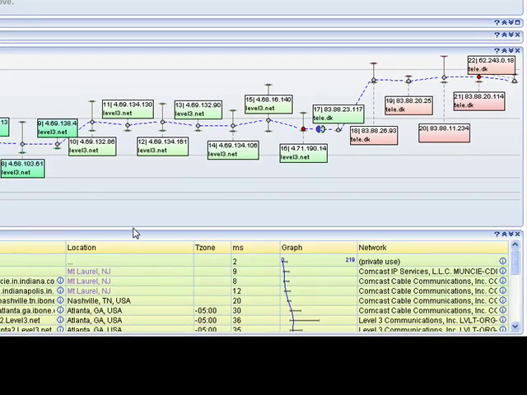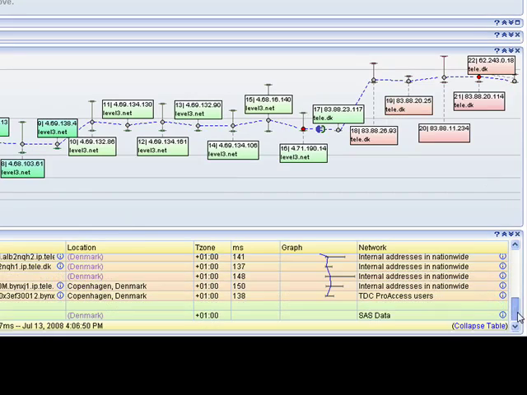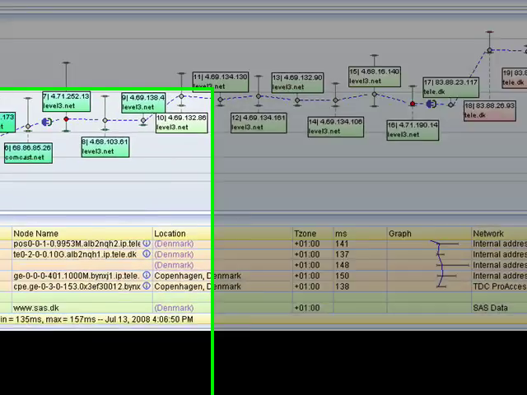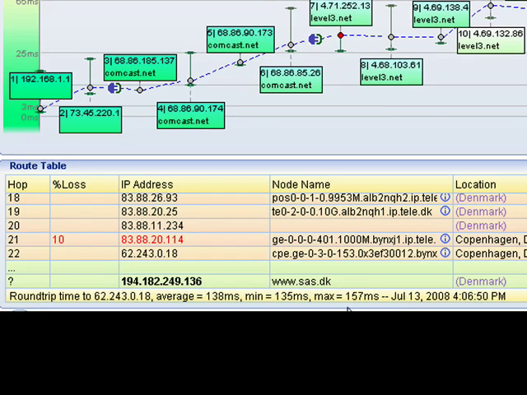And although it didn't come in any kind of straight route from my computer to Denmark, it certainly did get there rather rapidly. And if you look here, you will see that the average time it took was 138 milliseconds, and the most it took was 157 milliseconds from my computer to Denmark. So I think that's rather amazing.